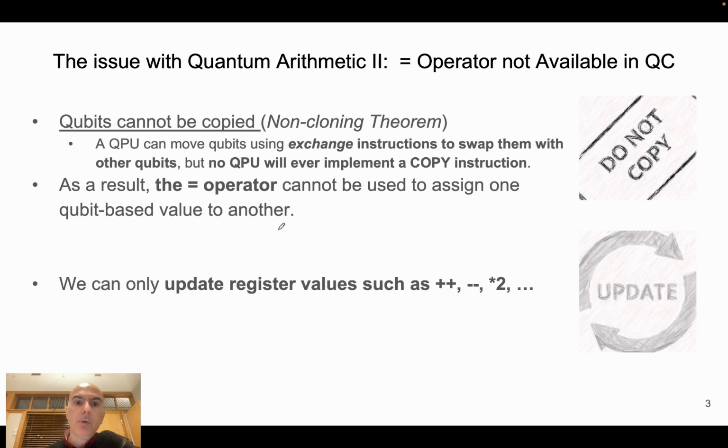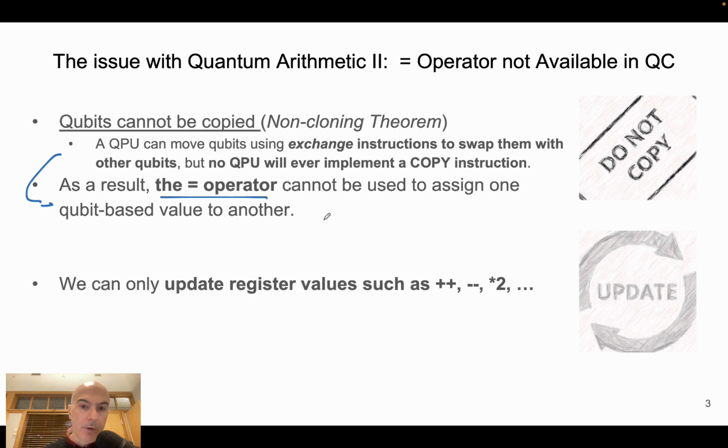But no QPU will ever implement a copy instruction, because this is not possible according to the laws of quantum computing. As a result, the assignment operation, the equal operator, cannot be used to assign one qubit's base value to another. Right?